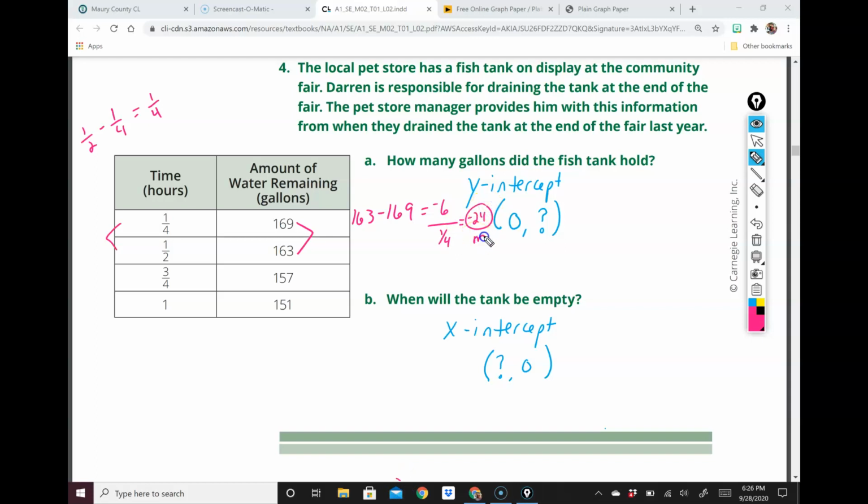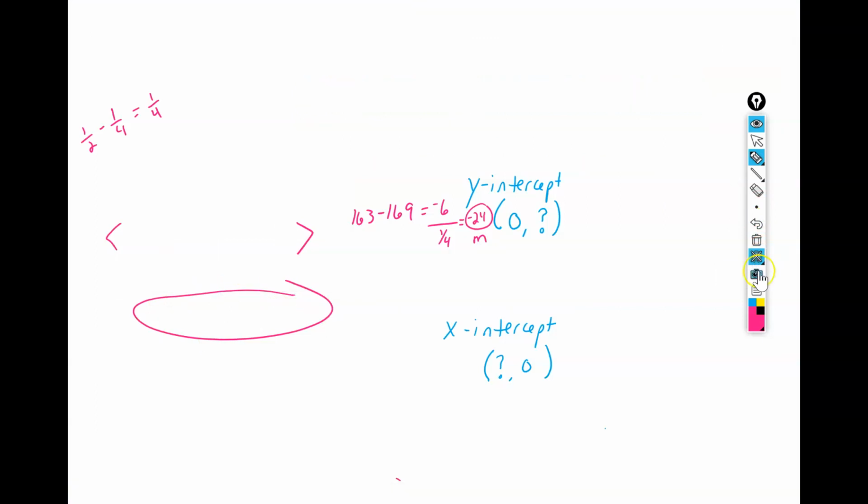So we're going to use that for my slope. Let's use this as my point. So y equals mx plus b. And I was going to use 1 and 151. So there's my x, there's my y. My slope is -24. So 151 equals -24 times 1 plus b.